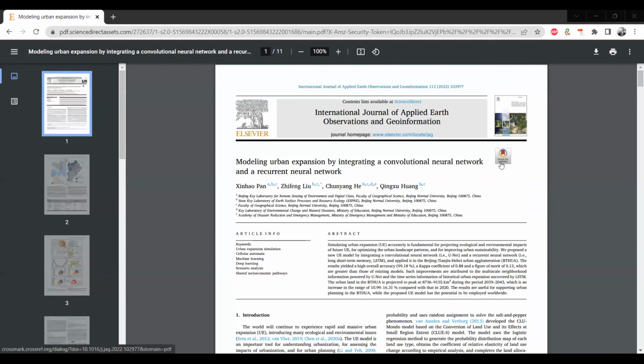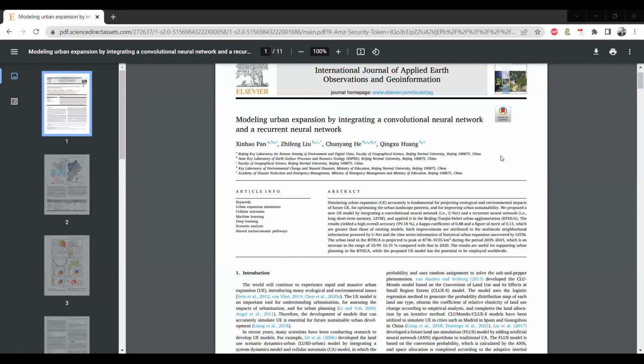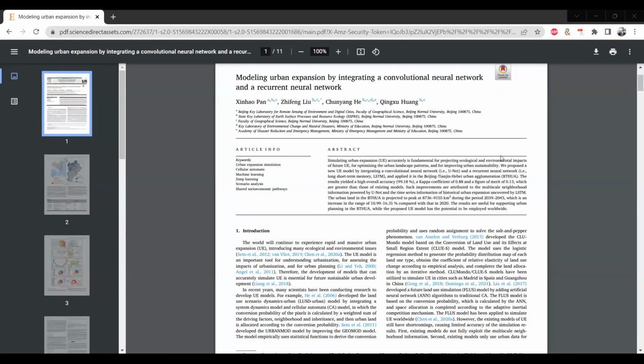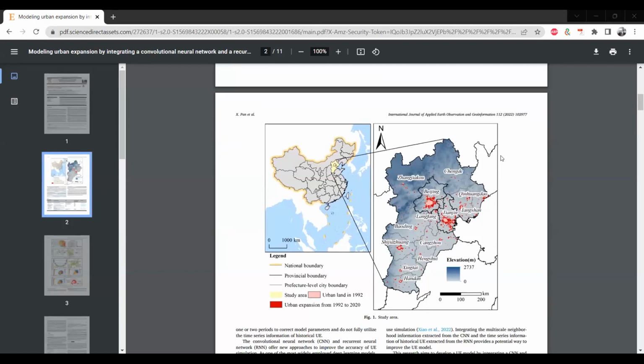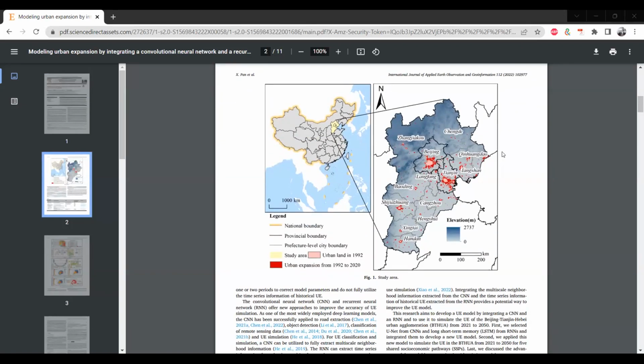Yeah, sure. I will share my screen in order to see the paper. Please, I think it's better like this. Okay, so first of all, this paper uses as a study area a few cities from a specific region in China. I will zoom in in order to see the cities that this paper is trying to predict the urban expansion patterns of, from 2021 to 2050, using four different models.